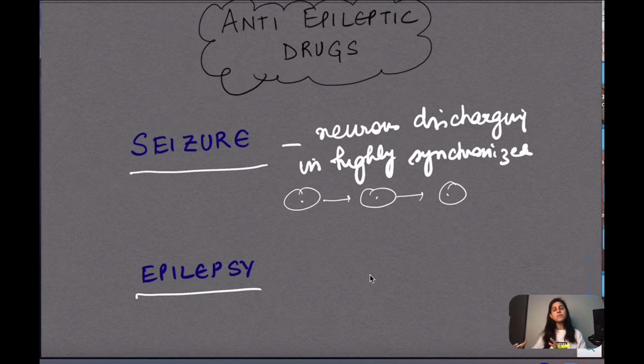So a single episode, if it occurs because of some cause, we don't classify as epilepsy. When seizures start occurring repeatedly, then we call it epilepsy. So over a period of time, when seizures occur repeatedly, then we label it as epilepsy. A single episode of seizure will not be labelled as epilepsy.